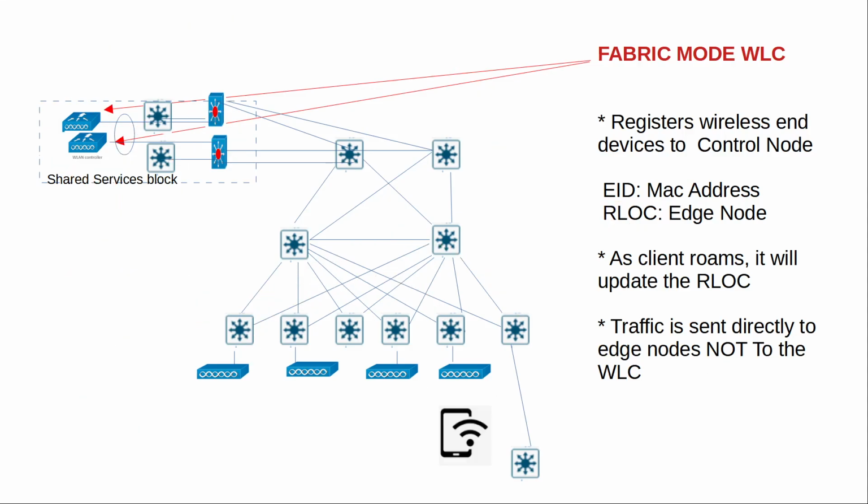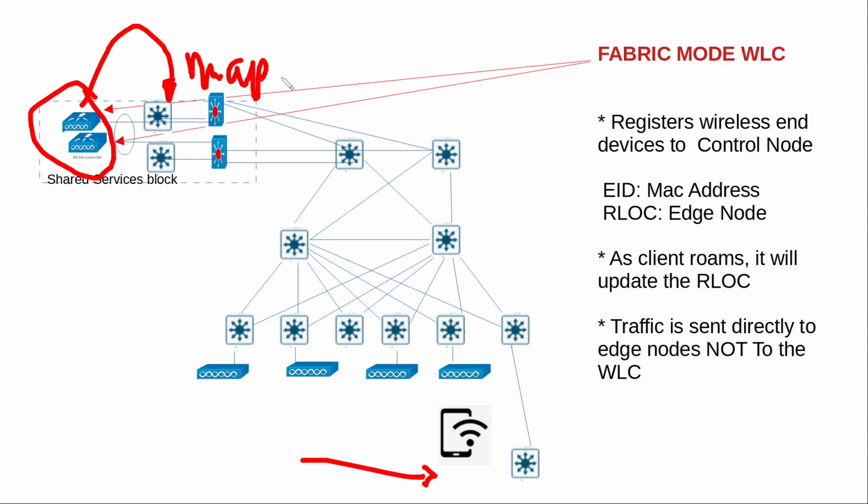As the user moves and we have a roaming scenario, the wireless LAN controller will be in charge of sending another message to the control nodes in order for these control nodes to update their host tracking databases.